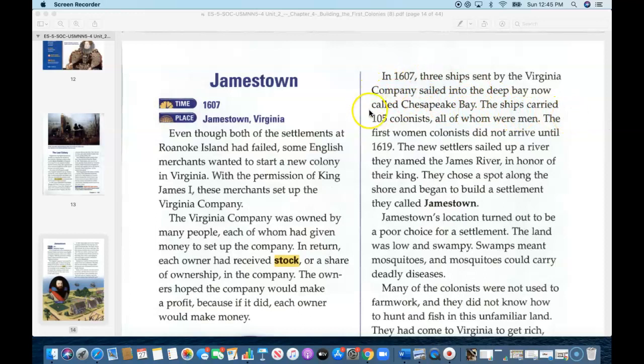These ships carried 105 colonists, all of whom were men. The first women colonists did not arrive until 1619. The new settlers sailed up a river they named the James River in honor of their king. They chose a spot along the shore and began to build a settlement they called Jamestown.